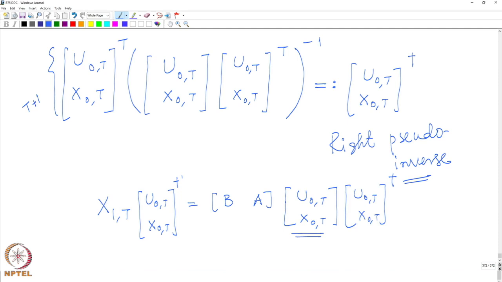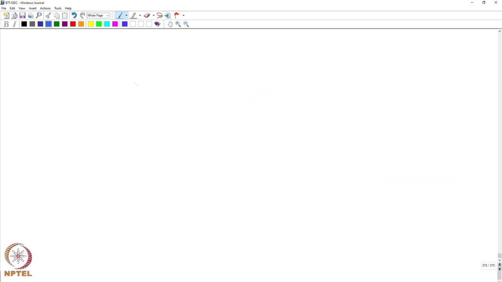If I have a right pseudo inverse, notice that when I multiply from the right, this becomes identity. So, in that case, we have B A given by x 1 t multiplied from the right by the right pseudo inverse of this matrix created from the data. That is my B A.